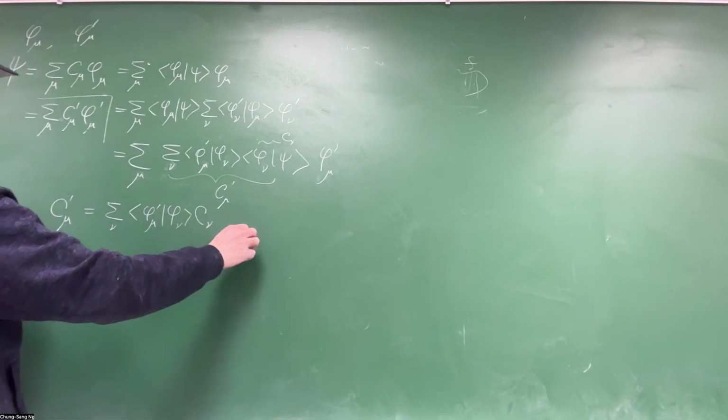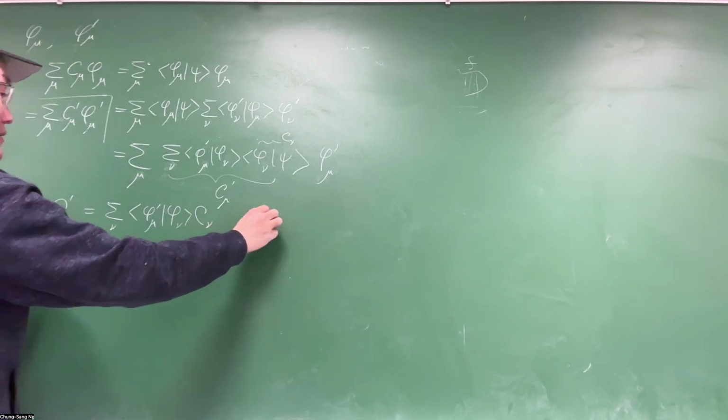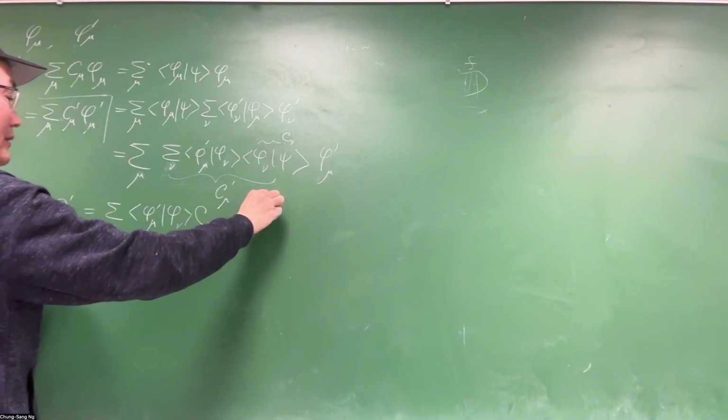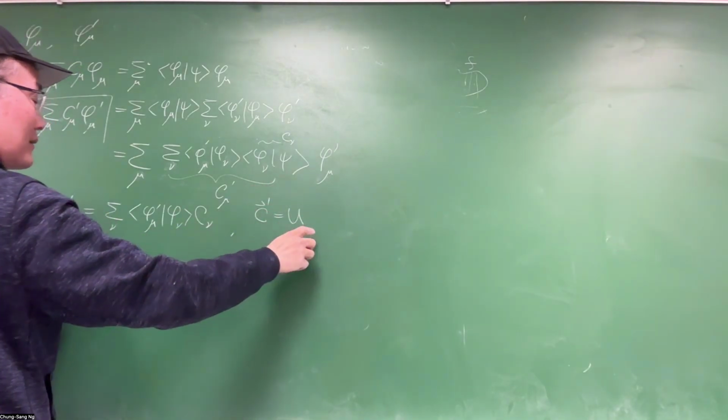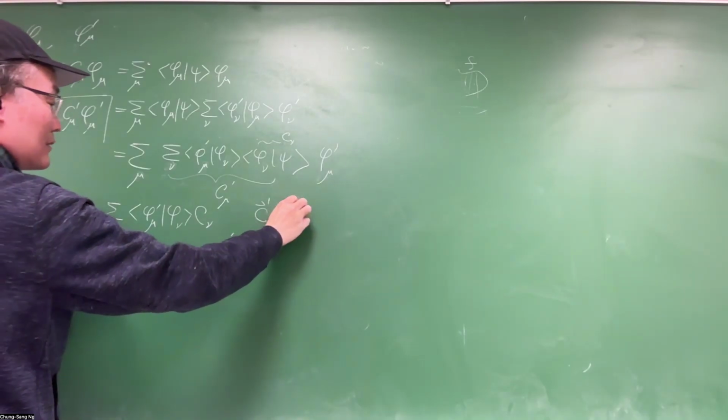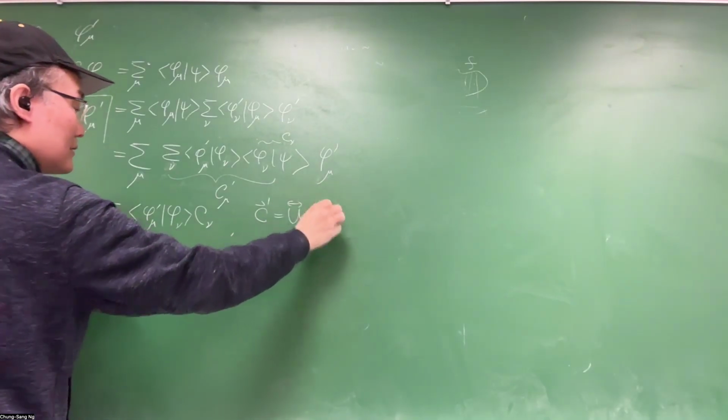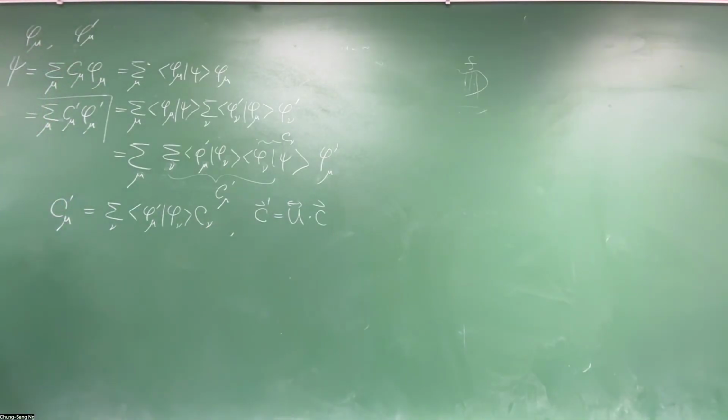So this is in the form of the vector C' equals a matrix dotted into C. Right. Okay. So this is your equation 5.69.